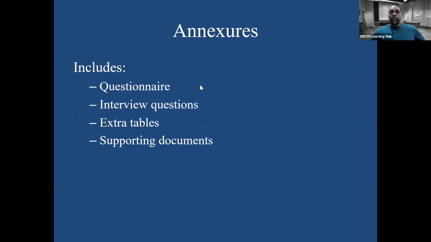Annexure 1: questionnaire, primary data collected from respondents. Any supporting document, whichever data you are using for data analysis, all that will be mentioned in annexures.